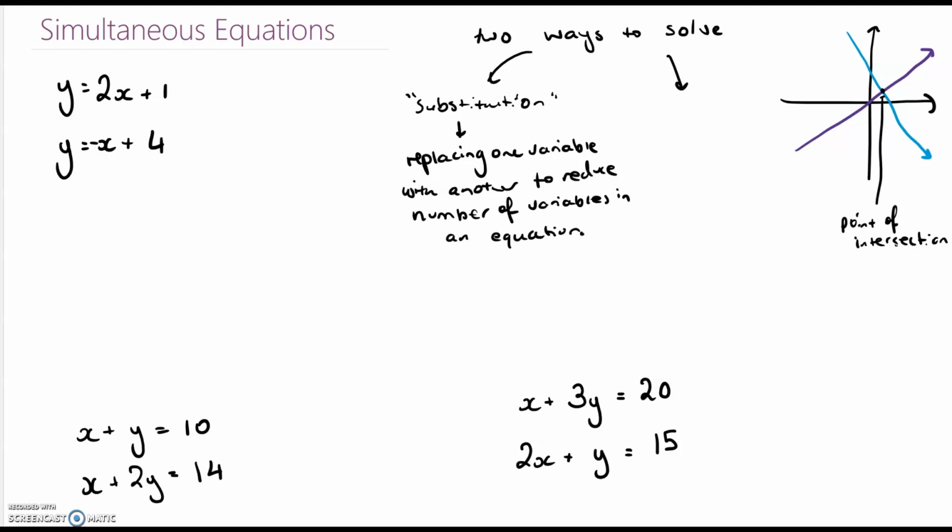We generally tend to use substitution when our equations are written in terms of y and x. So where you have y equals, we'll say, ax plus b, and we'll call this one cx plus d. Where you've got y equal to something with x, we generally use substitution.